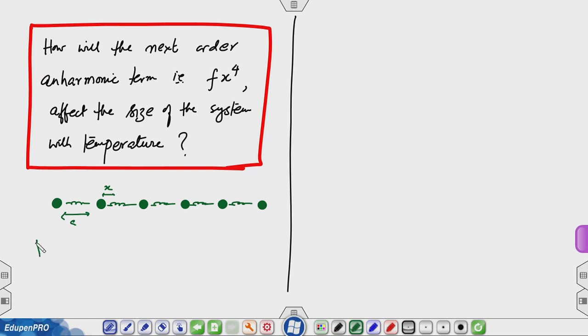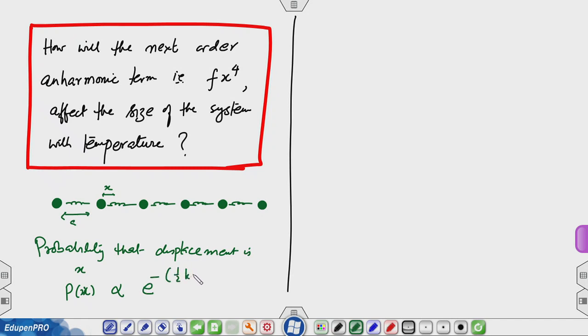Then the probability that displacement is x, that P(x), is going to be proportional to e raised to minus the change in the energy from the equilibrium position, that is half k x square minus g x cubed, divided by k B T.